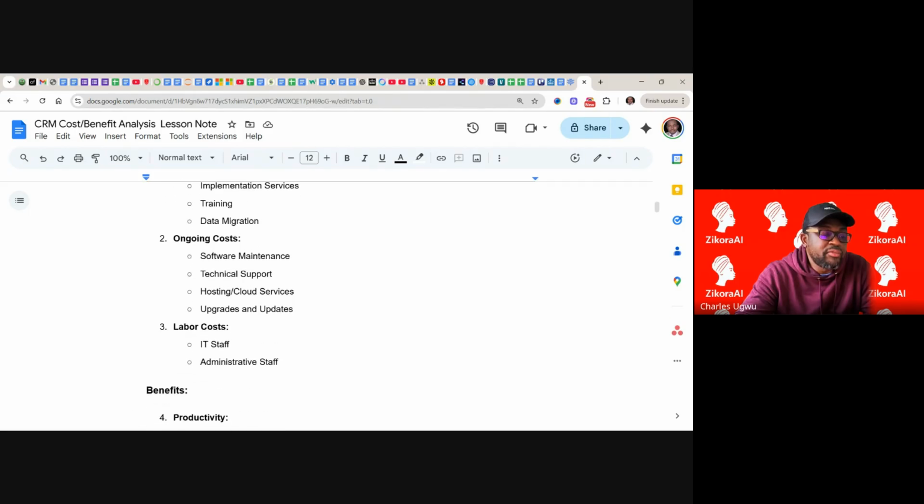We equally have labor costs, IT staff. At times we have IT staff, that is their job, we pay them. At times you go for freelancers like you to come and build the project or the software. So these are IT staff costs, which is labor costs.